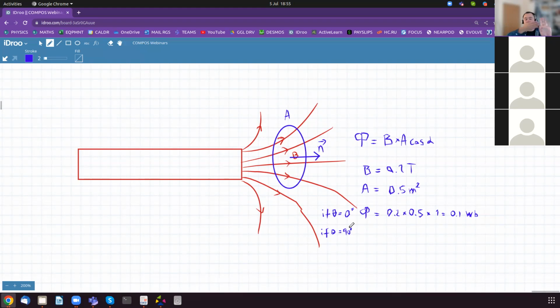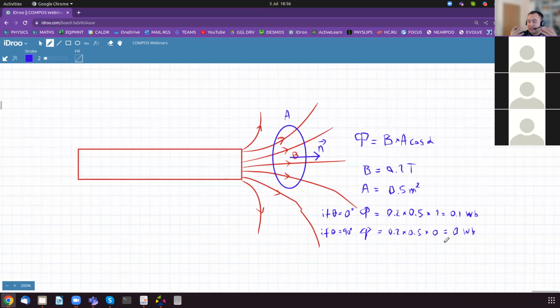So no magnetic lines can actually pass through the loop of wire, and therefore the flux is going to be 0.2 times 0.5 times cosine of 90, which is 0, so it's 0 Webers. So this is the idea behind the magnetic flux.